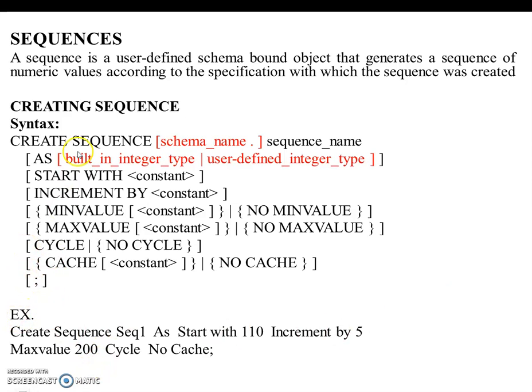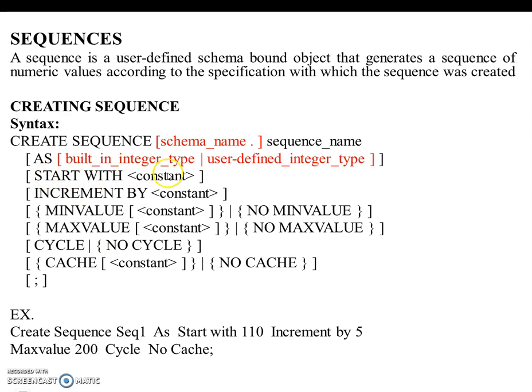Now we will have one example. Out of this syntax, I have just taken the required keywords in order to create my sequence. So create sequence, I have given sequence1 as the sequence name, then start with 110.